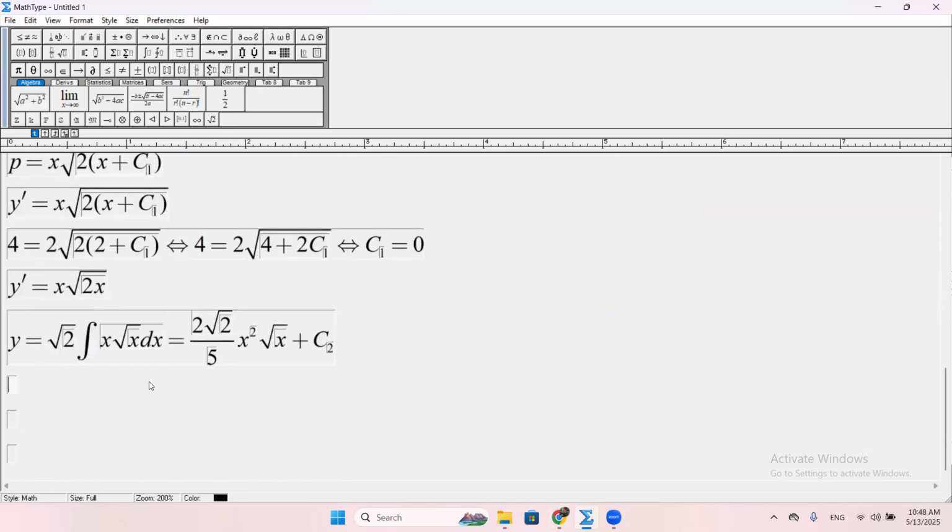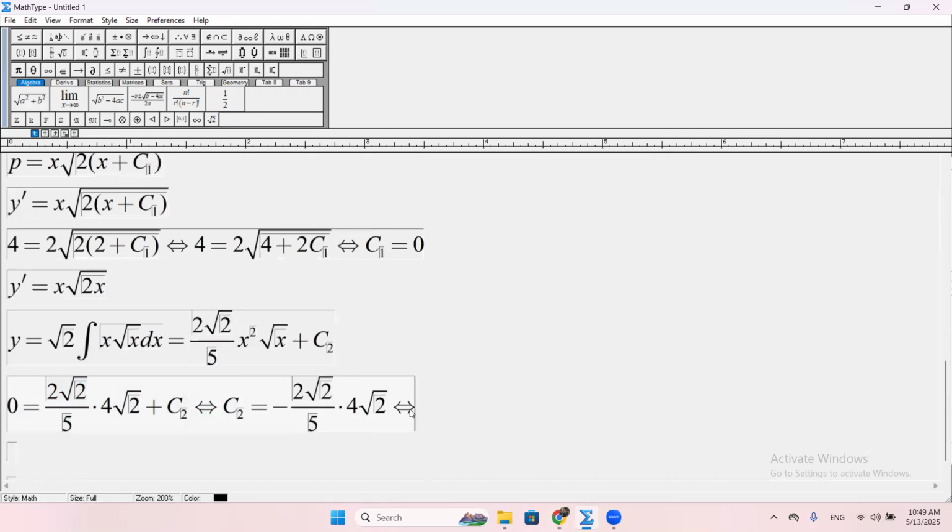So doing the following substitution: 0 equals 2 square root of 2 over 5, multiplied by 4, multiplied by square root of 2, plus c2. Let's simplify a little bit. So let's find c2. c2 equals minus this expression.